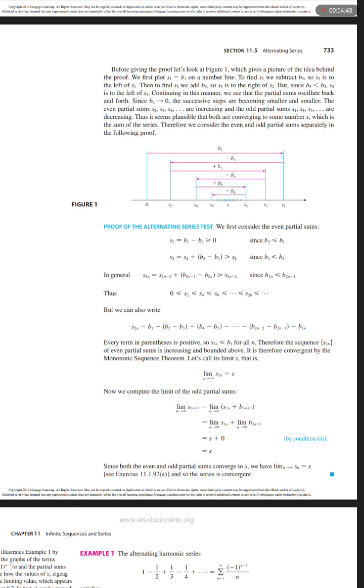Proof of the alternating series test. First, we consider the even partial sums. s sub 2 equals b sub 1 minus b sub 2 is greater than or equal to 0.